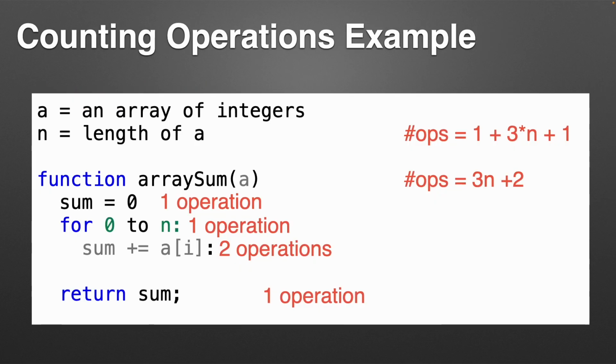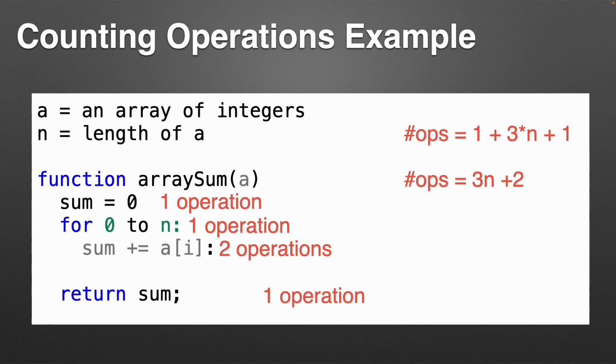An example of that we looked at was this array sum function. We had an array A with length n, and we said, okay, we're going to make a function where all we do is go through the array, add it up, store it in this variable sum, and return sum. And so we came up with, this is 1 operation, this is 1, this is 2, this is 1.